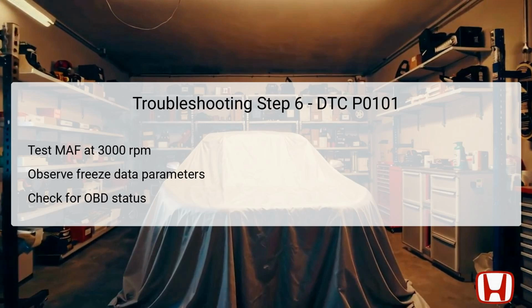Step 6 calls for a more thorough examination of the MAF sensor while the engine operates at a stable speed of 3,000 RPM without load, either in park or neutral. This step requires that the radiator fan is allowed to operate and that the vehicle is driven briefly to gather data within the previously recorded parameters. The parameters to monitor include engine speed, vehicle speed, manifold absolute pressure, MAP sensor readings, and the throttle position, TP, sensor.